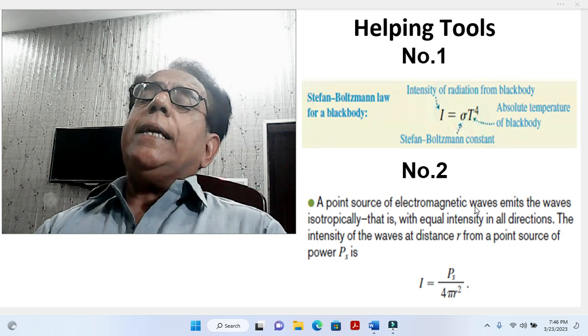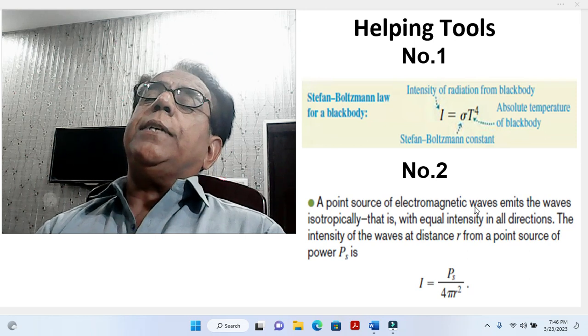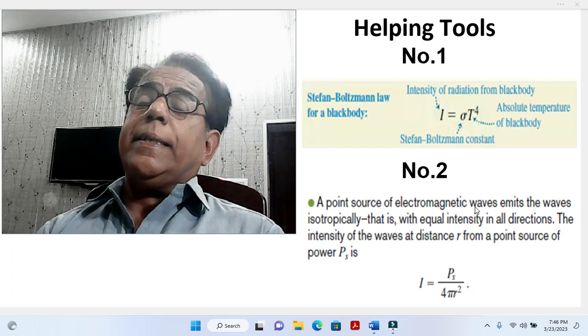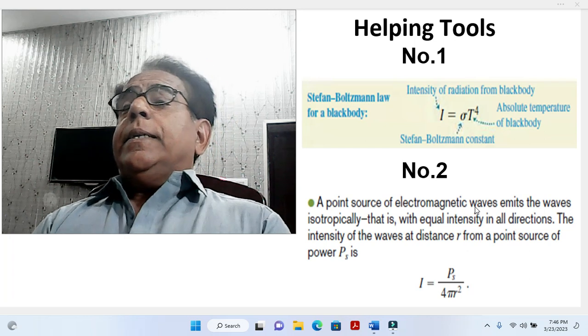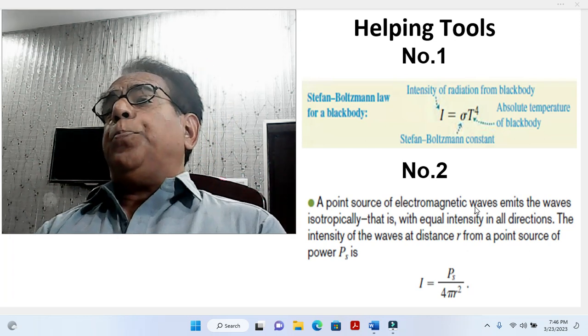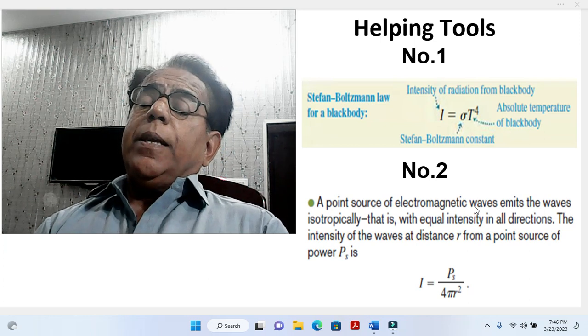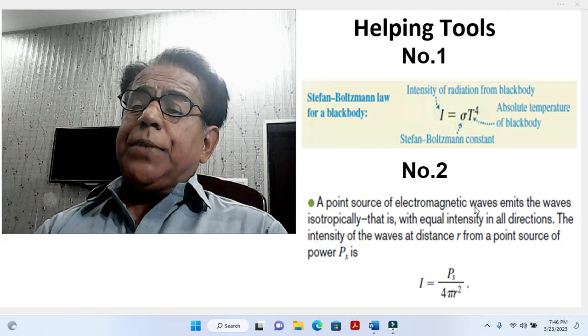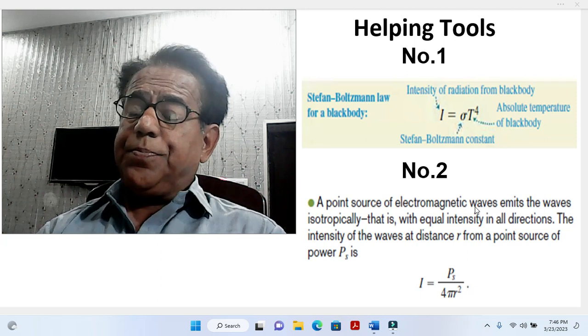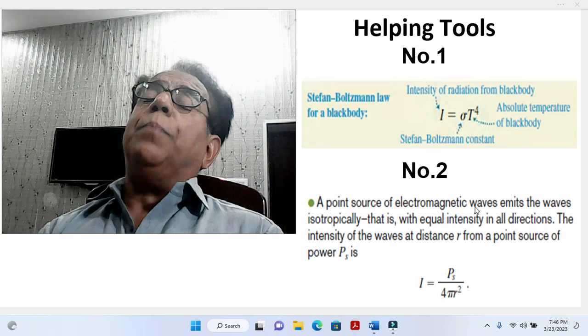I is directly proportional to T raised to the power 4, but here sigma changes the sign of proportionality into equality, and hence this constant is called Stefan Boltzmann constant, and this is sigma.